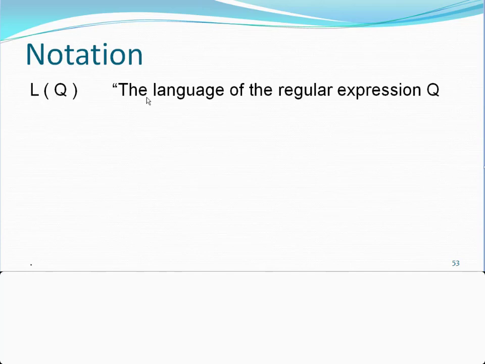So L of Q is the language of the regular expression Q. In other words, if I have a regular expression Q, what is the set that corresponds to Q? So I might say the language of A plus B plus C, where A plus B plus C is a regular expression. Its language is this set.